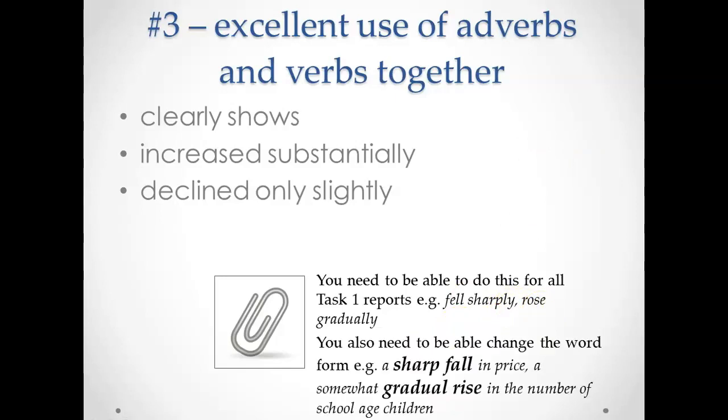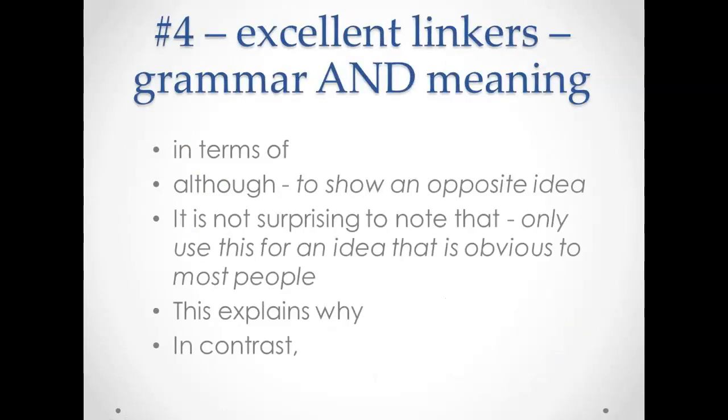And then you also need to be able to change the word form. So instead of saying fell sharply, you can write a sharp fall in something. Or instead of rose gradually, you can write a gradual rise in something. This is a skill you need for all Task 1 reports.